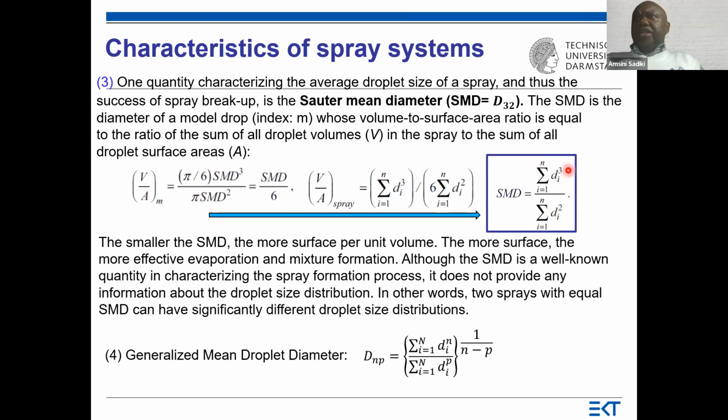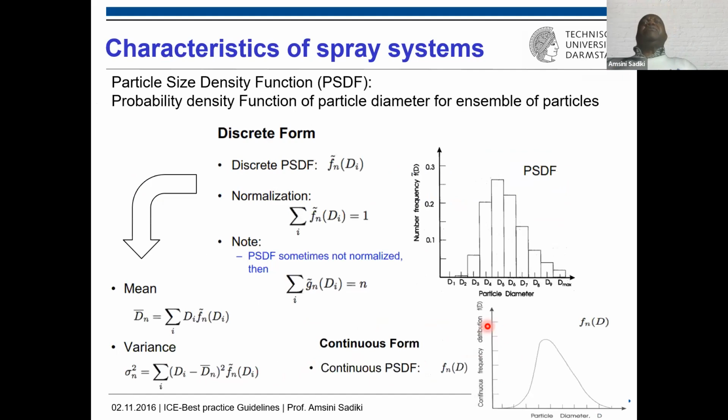We say that this is N and it is P, and we have exactly what we had here, with exponent 1 divided by N minus P. That is the generalized mean droplet diameter if we have a discrete variation, but we can also have a very nice continuous distribution of these quantities. That is our discrete distribution.